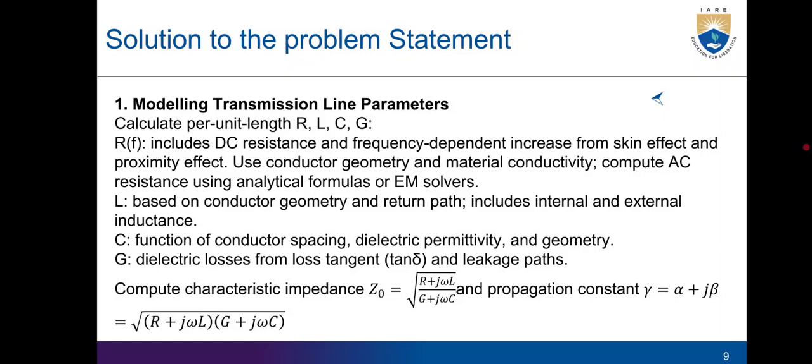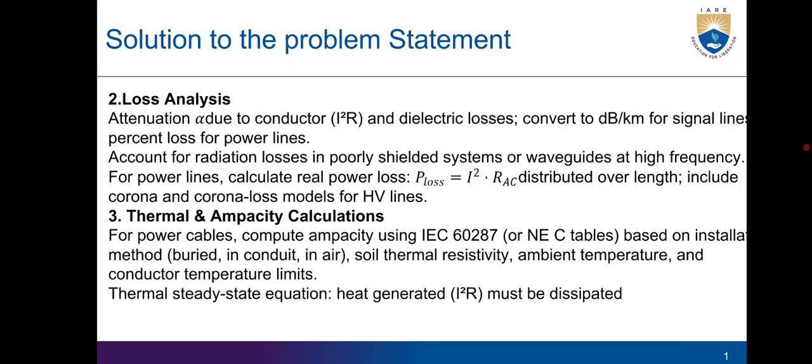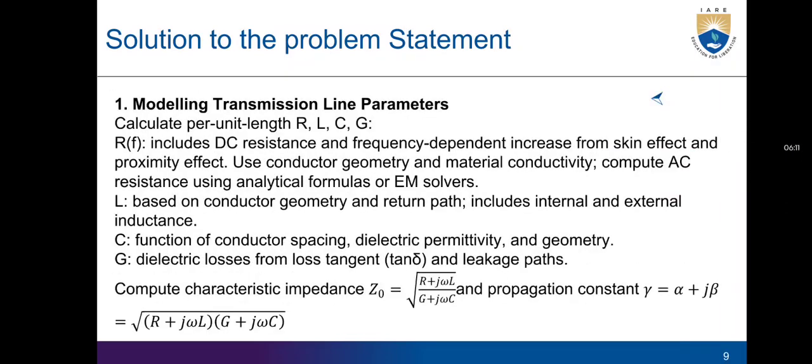Compute AC resistance using analytic formulas or EM solvers. L: based on conductor geometry and return path, including internal and external inductance. C: a function of conductor spacing, dielectric permittivity and geometry. G: dielectric losses from loss tangent and leakage path.